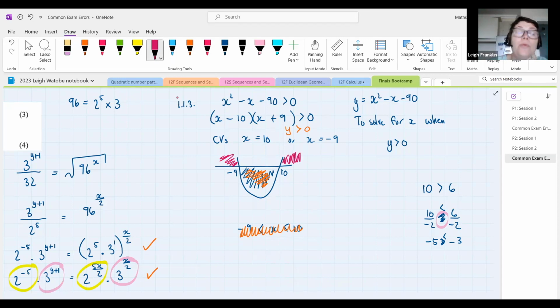So where the purple is, that's the correct place to be shaded. Your answer to this question is actually going to be where x is smaller than -9 or where x is greater than 10. That's it.